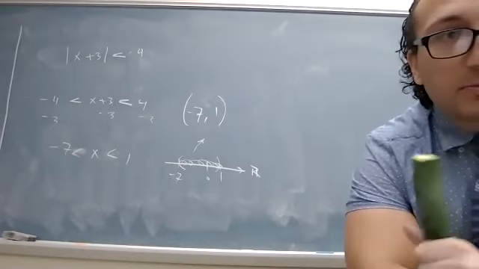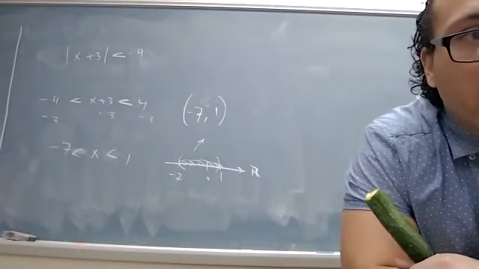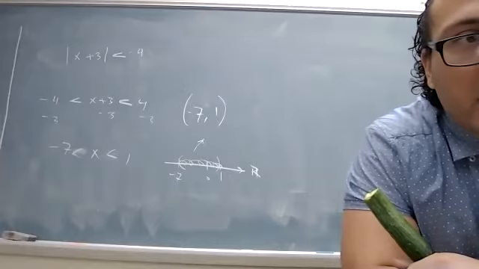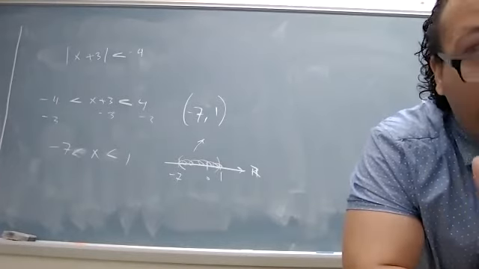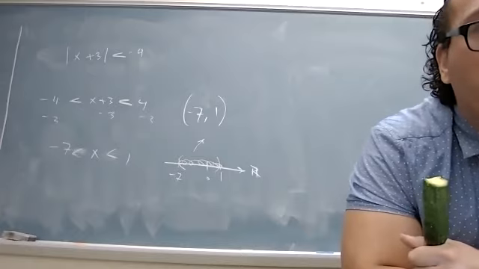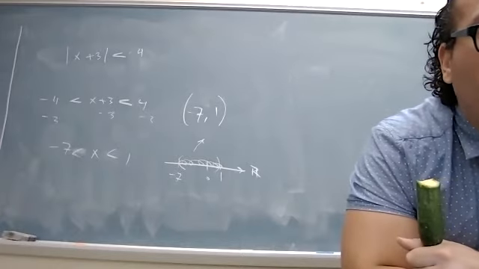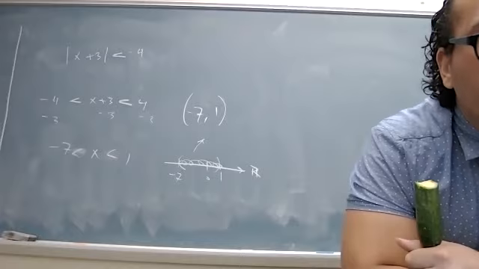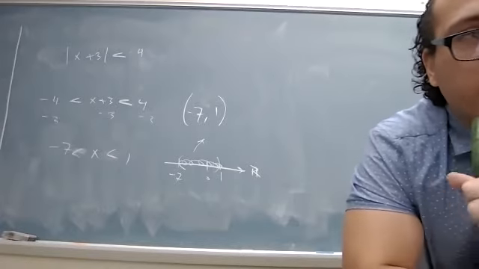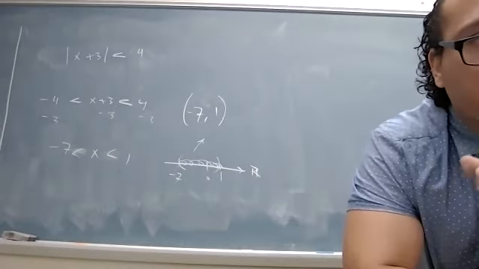Because when you take the absolute value of anything, it has to be positive. So the fact that I said it is less than a negative number didn't make sense mathematically. My bad on that one. It was a good thing I caught it.